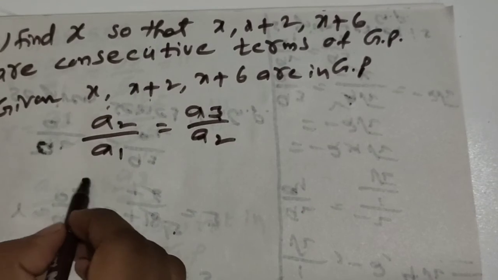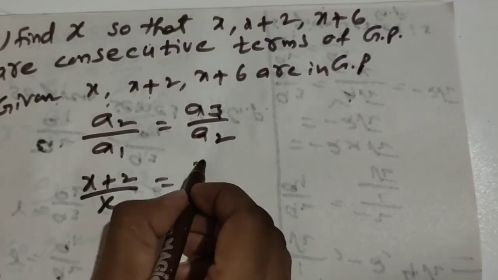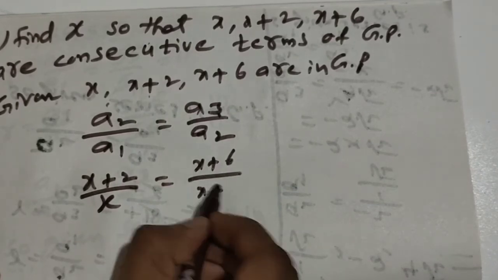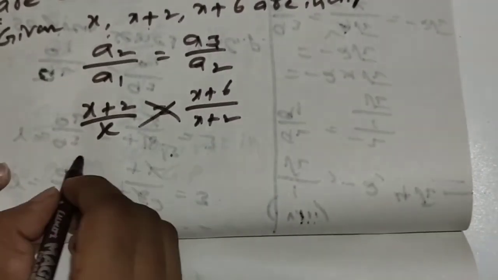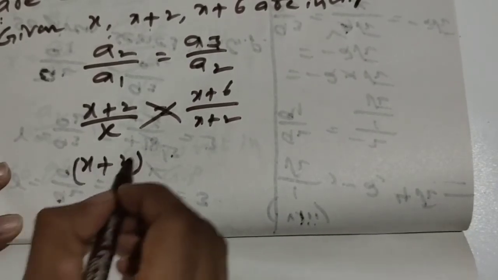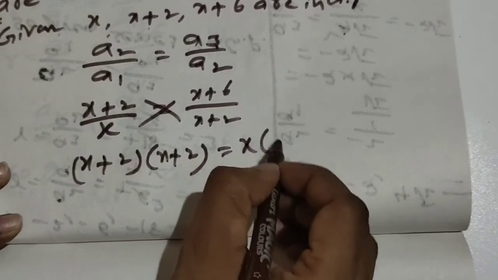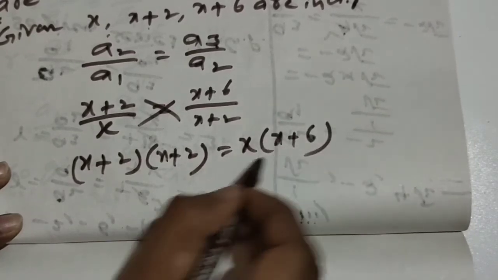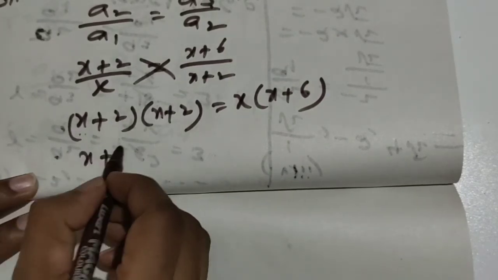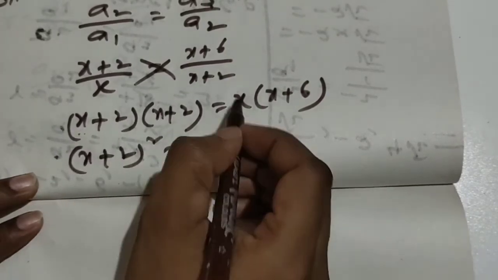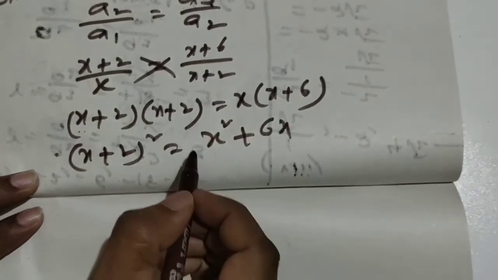Okay. Now a2 is here x plus 2, a1 is x, a3 is x plus 6, a2 is x plus 2. So on cross multiplication we get simply x plus 2 into x plus 2 is equal to x into x plus 6, and then multiplying x plus 2 into x plus 2, we get simply x plus 2 whole square. On the right side x into x is x square, plus x into 6 is 6x.